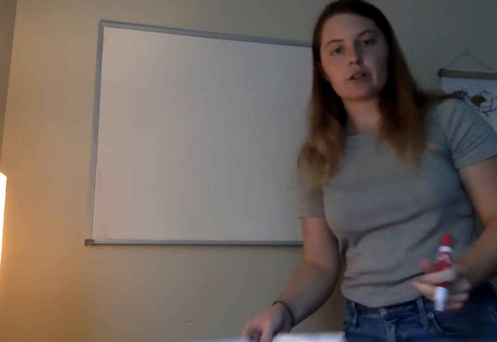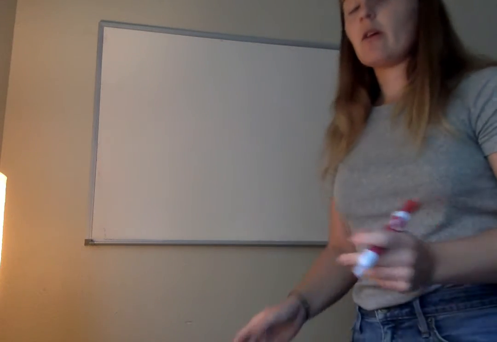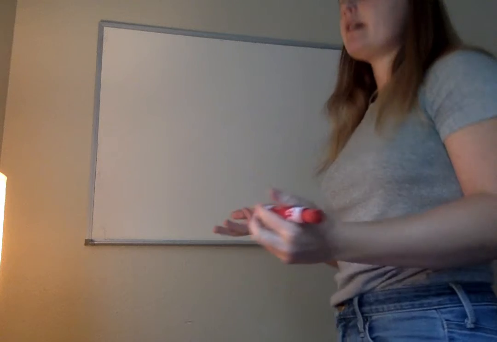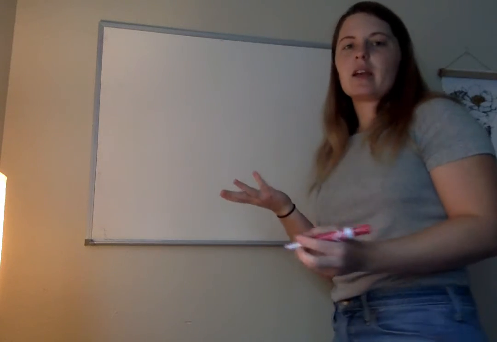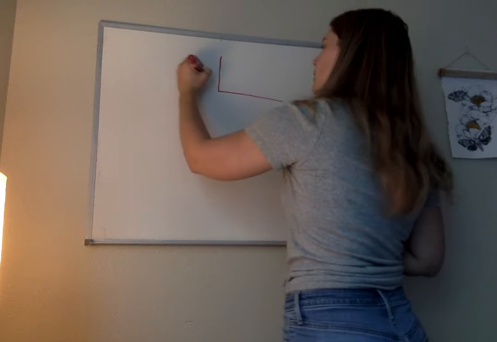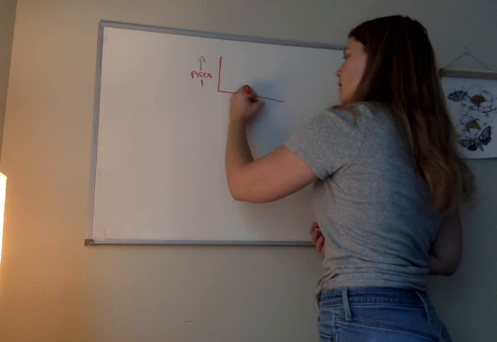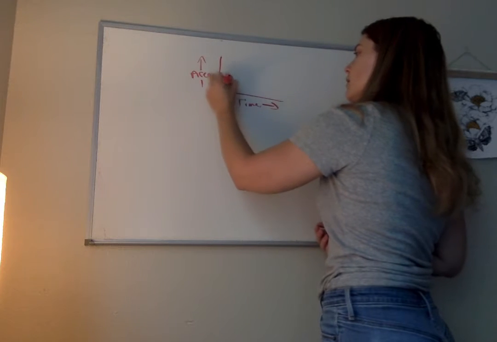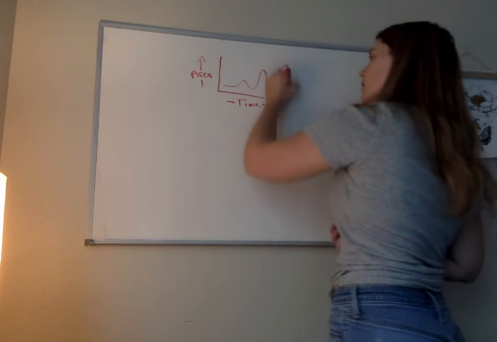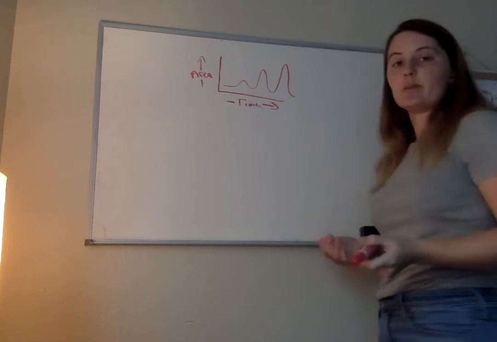So the other calculation that you're going to need to have in your results is the relative areas of the peaks. I'm going to give you GC data, and let's say it looks like this. Now we need to calculate the relative areas of all of these peaks.